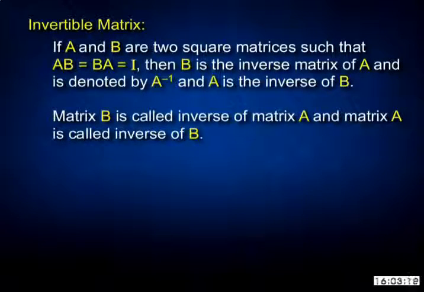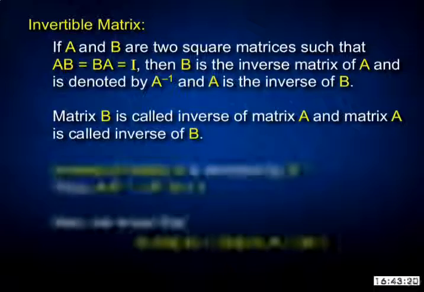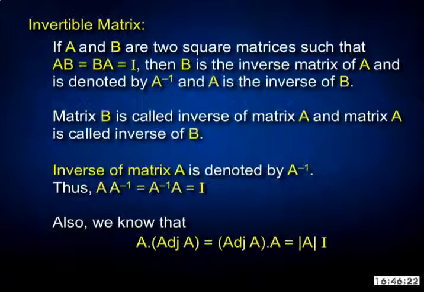Invertible matrix. If A and B are two square matrices such that A into B is equal to B into A is equal to identity matrix I, then B is the inverse matrix of A and is denoted by A inverse, and A is the inverse of B. Matrix B is called inverse of matrix A, and matrix A is called inverse of matrix B. Inverse of matrix A is denoted by A inverse.